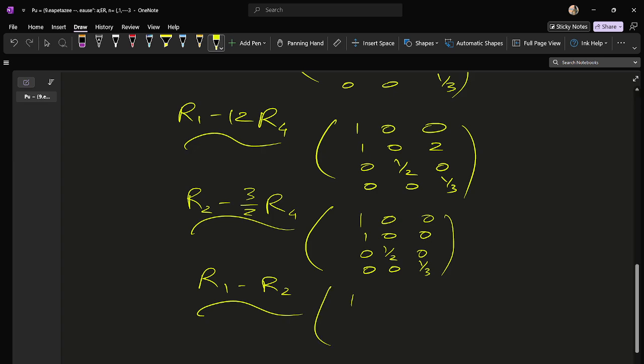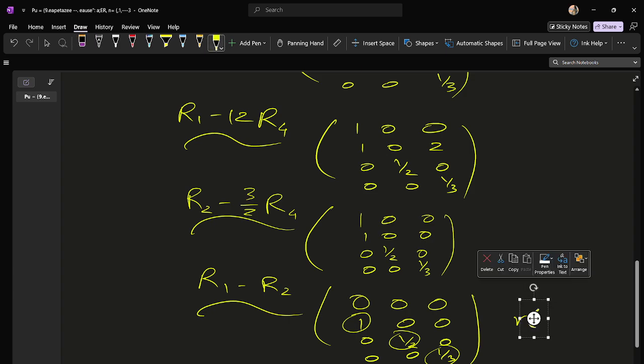Then this row will be 0 0 0, 1 0 0, 0 half 0 and 0 0 1 by 3. So the pivotal positions are here. So the rank of the matrix is 3, I want to write it in this manner. So rank of this is r equals 3.